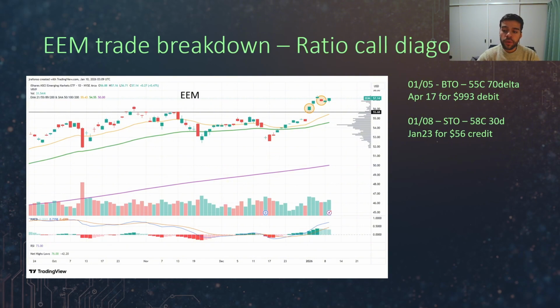I bought to open 55 calls, so that was about a 70 delta, expiring April 17 for a total $993 debit. I usually open my ratio call diagonals, both the longs and the shorts at the same time.